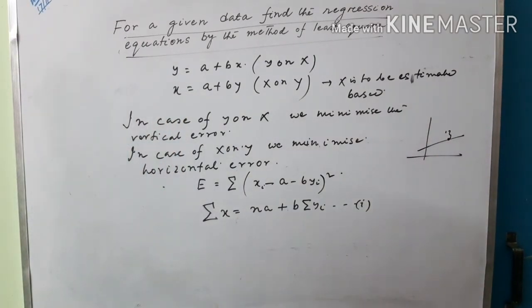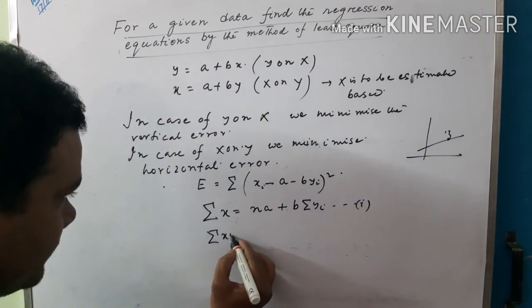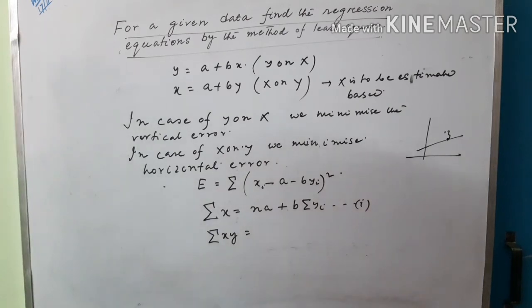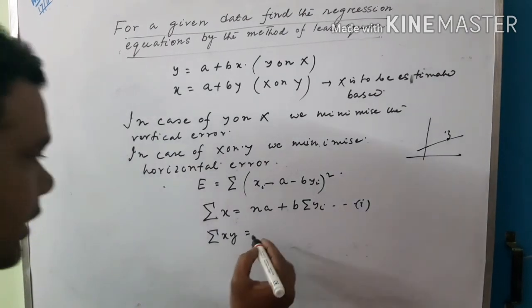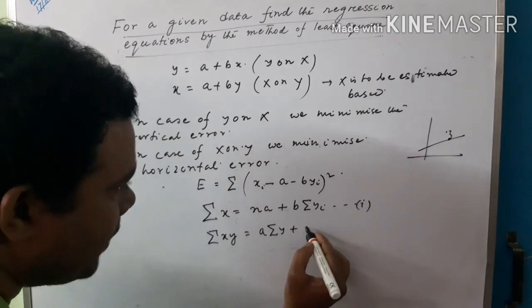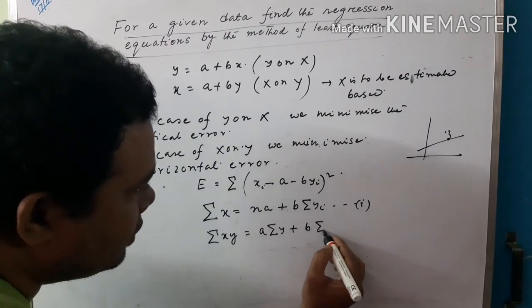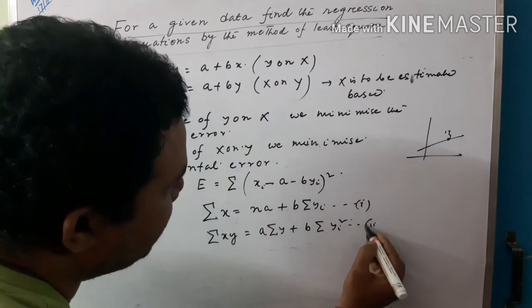And another is sigma xy equals a into sigma y plus b into sigma y square. This is equation number 2.